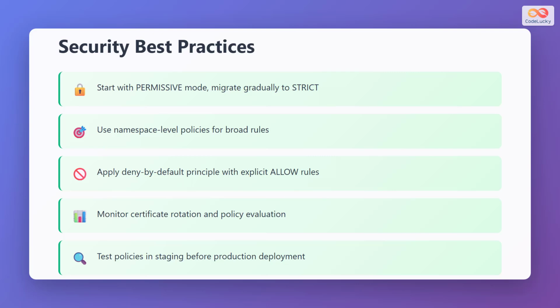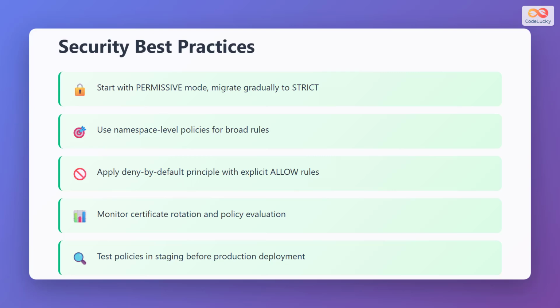To wrap up, let's review some best practices for implementing Istio Security. First, start with permissive mode and migrate gradually to strict mode to avoid breaking existing services. Second, use namespace-level policies for broad rules that apply to multiple services, which simplifies management. Third, apply the deny by default principle with explicit allow rules, ensuring only intended communication is permitted.